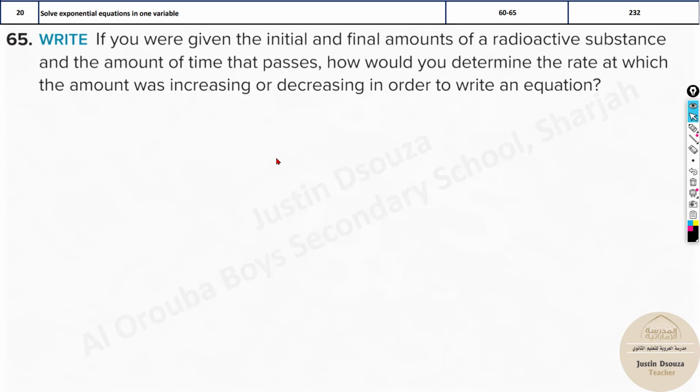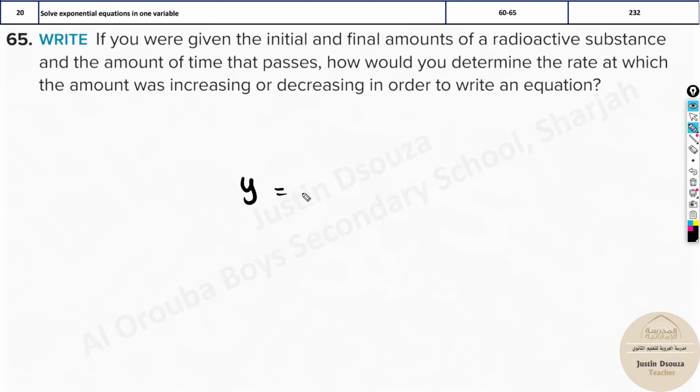And then we are at the last problem. If you are given the initial and final amounts of a radioactive substance, and the amount of time that passes, how would you determine the rate at which the amount was increasing or decreasing in order to write an equation? Now, this is a formula, the rate formula.